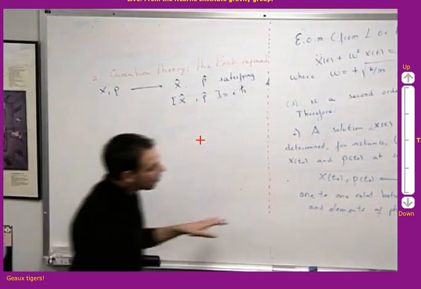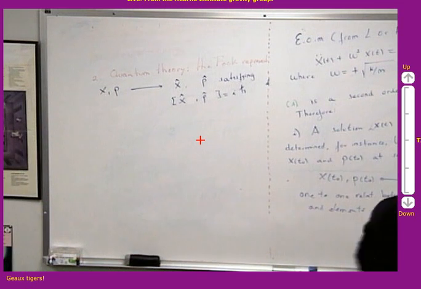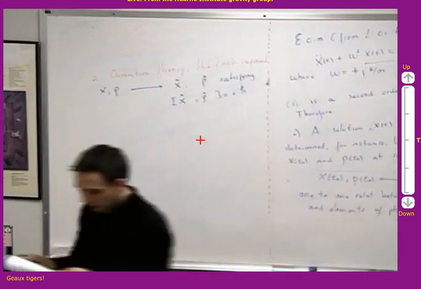So how do we quantize this theory? Maybe I should put a box here because these are the main solutions. So how do we quantize that theory? Written in this way, the quantization is quite straightforward.